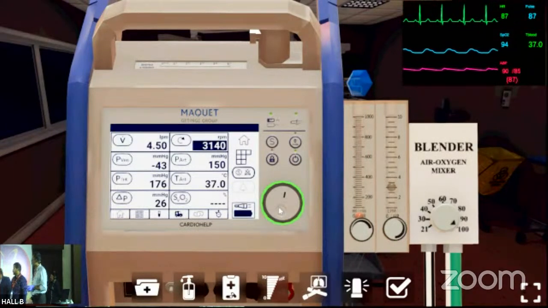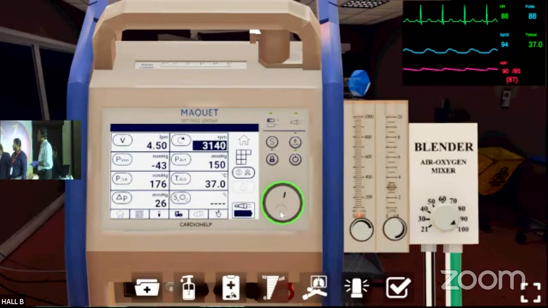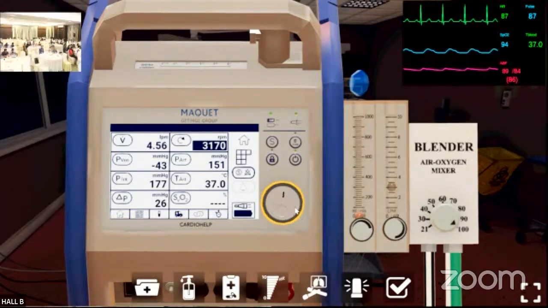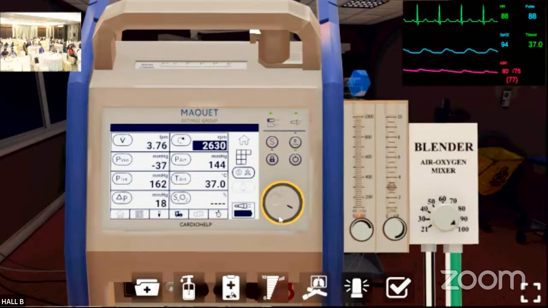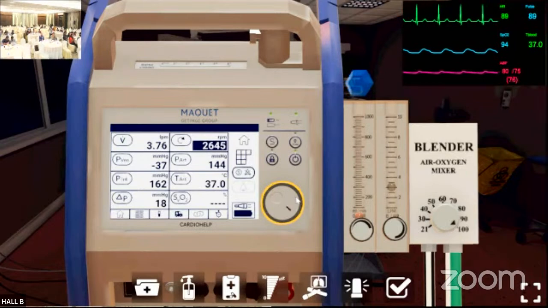So can you reduce the flow? Yes, sir. We are around 3,100 RPM now, giving a flow of 4.5, reducing slowly. You can reduce it to 4 and see what the value is. 4.5 to 4. Okay, sir, I think it is reducing to some extent. Now also the pulse pressure is not that much, 70 and 73. Can reduce the flow further to around 3.5.